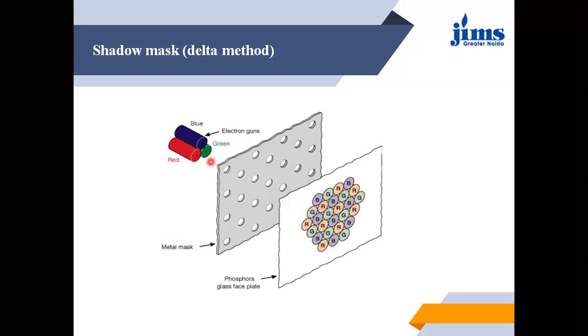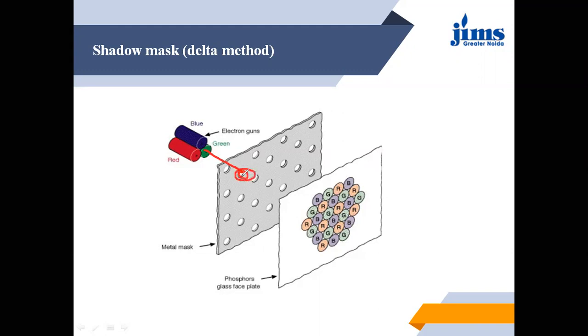The electron beam passes through the metal mask. Suppose this beam passes through this hole.